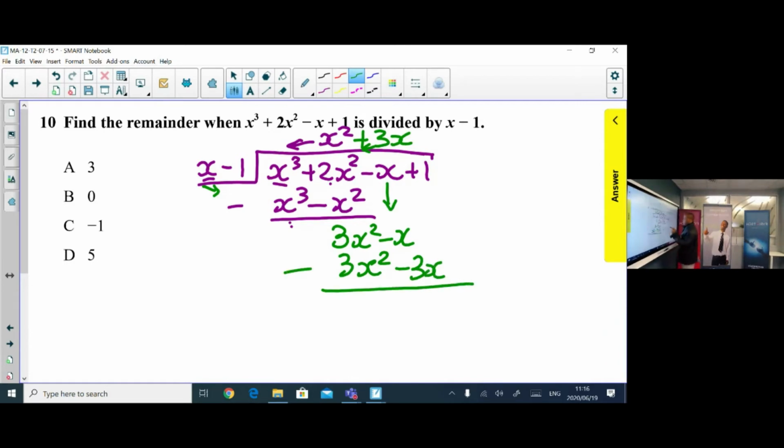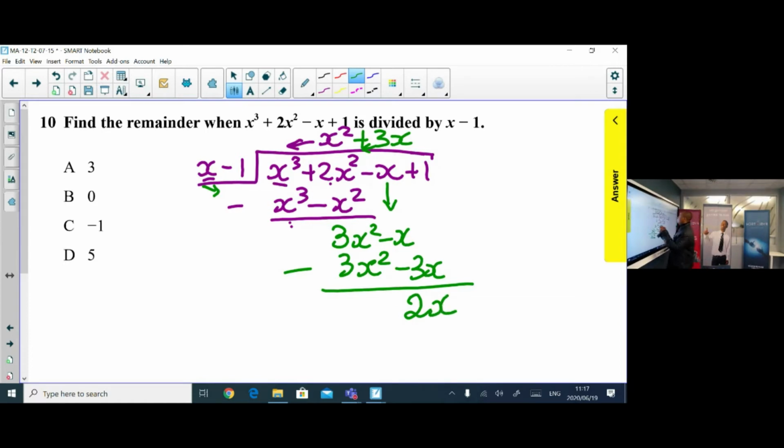And we always subtract this result, and we get 0 for the first subtraction of 3x squared minus 3x squared. And then on the second part, minus 1x minus minus 3x will be like minus 1 plus 3. So minus 1 plus 3 is positive 2 with the x in this case.